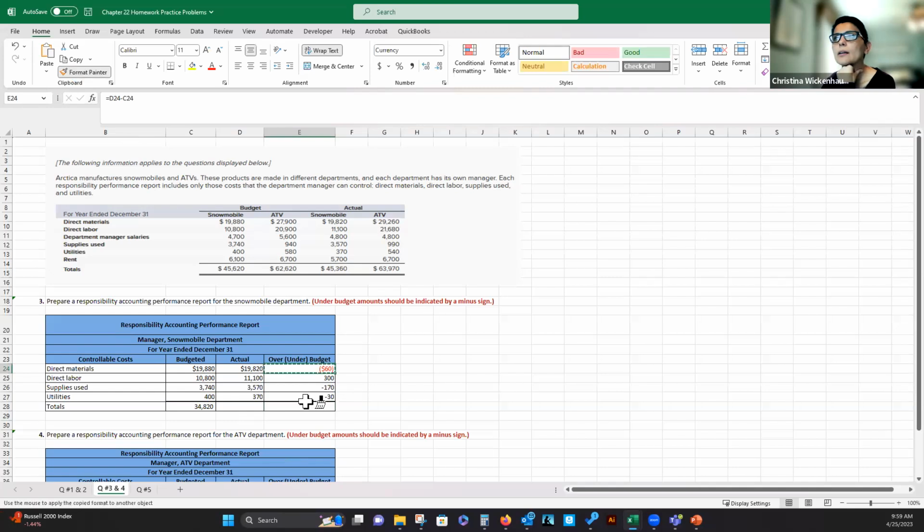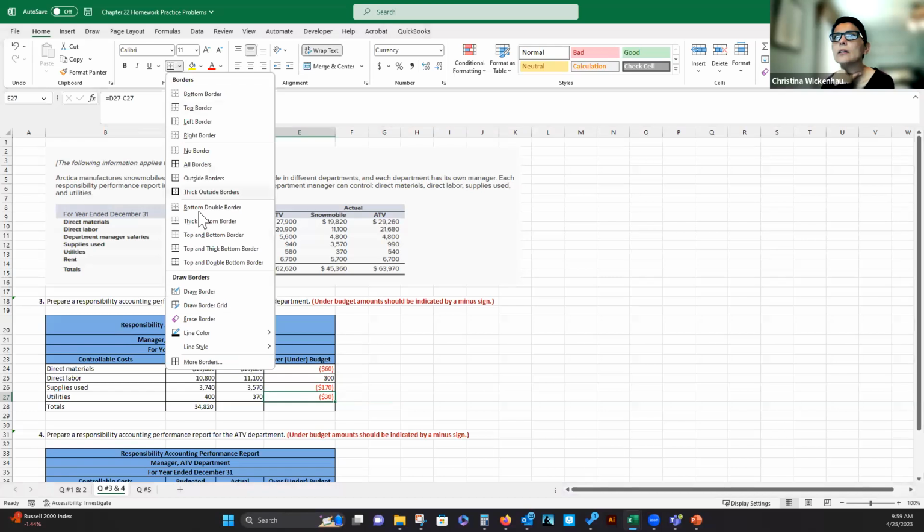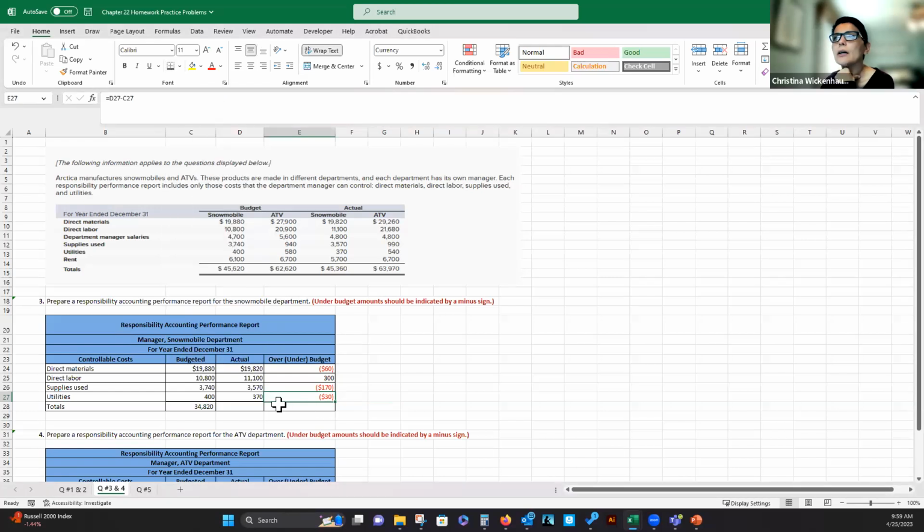I hate when it doesn't all format the same. And when I do this, it's going to take away my bolded underline. Okay, put underline, thick bottom border. There we go. All right, so we can take that. We just did a sum of all these. So we can drag that across and it'll sum them all up. So I can see this was the budget and we actually came in over budget by $40.